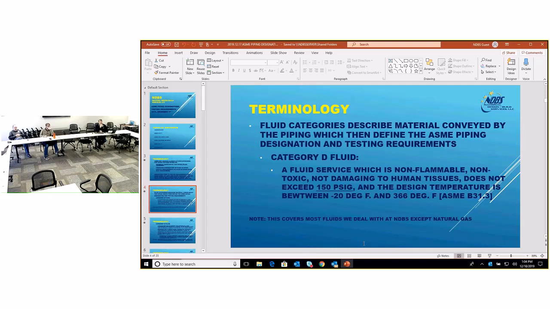So a category D fluid is any fluid which is non-flammable, non-toxic, not damaging to human tissue. Very important to note, it does not exceed 150 psi, and we have normal design temperatures. So this covers almost all the fluids we deal with at NDBS.